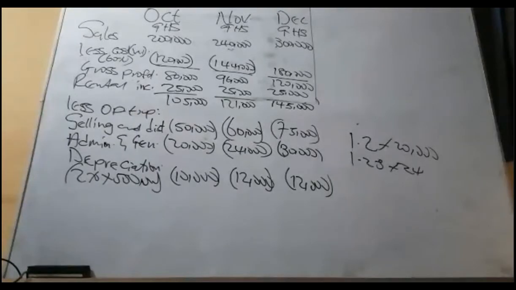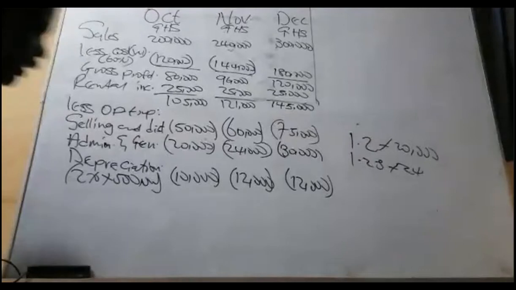So basically, we are done for the first section. So what we do is we just have to find the profit before tax, because there's tax there. Anytime there's tax, we have to find profit before tax and get the tax expense.